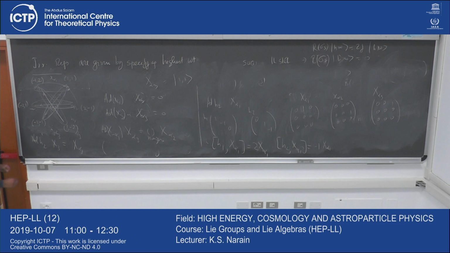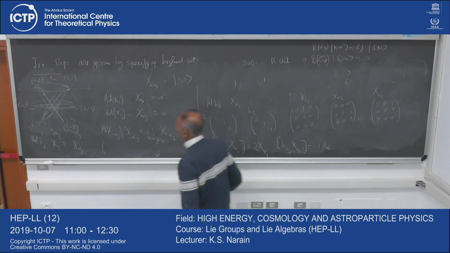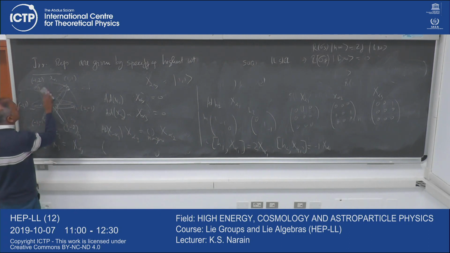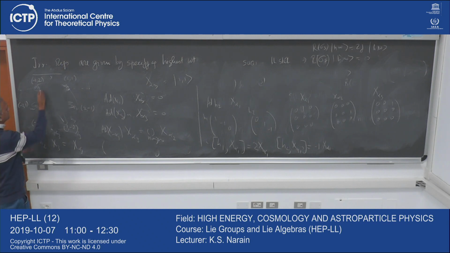Okay, so now let me erase this a bit because it's unreadable here. So we have here alpha 1, minus alpha 1, minus alpha 2, alpha 2, sorry, alpha 2, alpha 3.